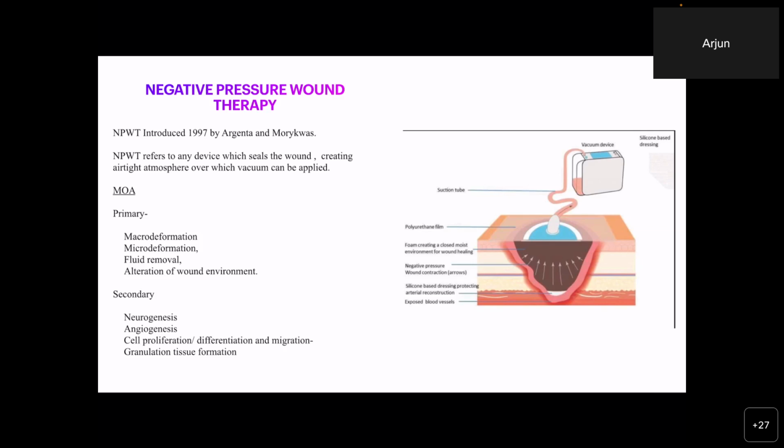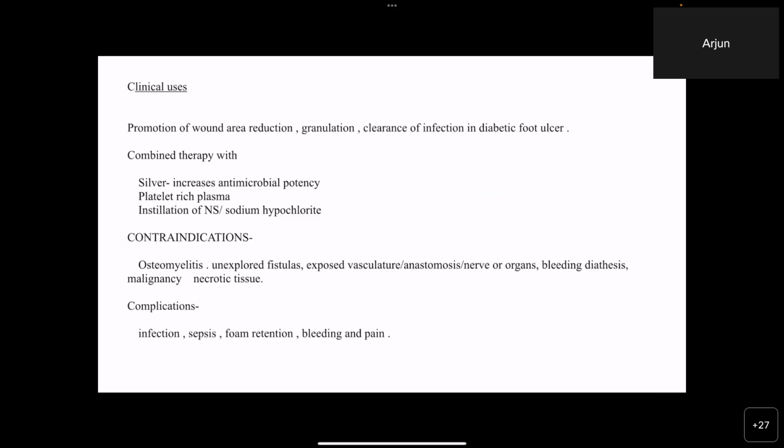Secondarily, it causes neurogenesis, angiogenesis, cell proliferation, differentiation and migration, and also granulation tissue formation. Clinically, it is used for promotion of wound area reduction, granulation, and clearance of infection in diabetic foot ulcers.